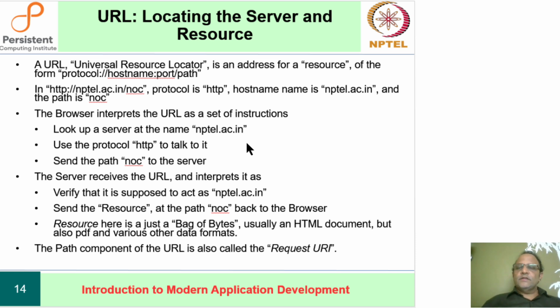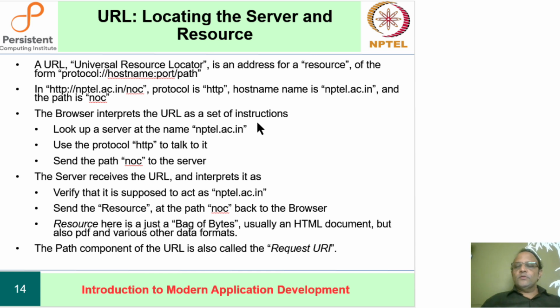We can think of this as a resource locator, but to the browser, it functions like a set of instructions. When the browser is asked to fetch a URL, it takes the following steps. It first looks up the server at the name nptel.ac.in, which is then located in the form of what is called an IP address. Some of this you may already be familiar with, but I'm going to repeat these things in detail for those who aren't.